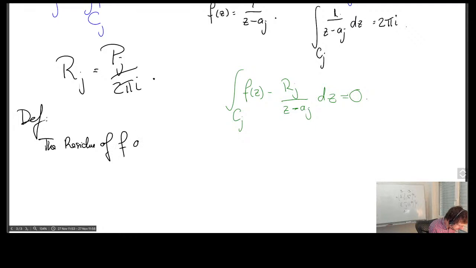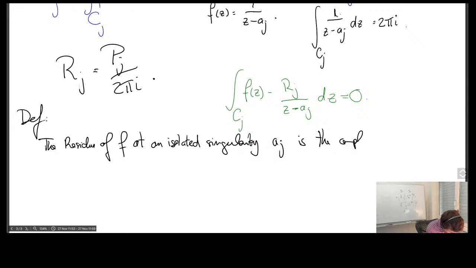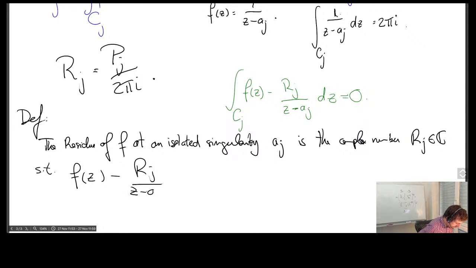And so I can have a definition in which I say the residue of f at an isolated singularity aj is the complex number rj such that f of z minus rj over z minus aj has integral 0 for any curve in there.